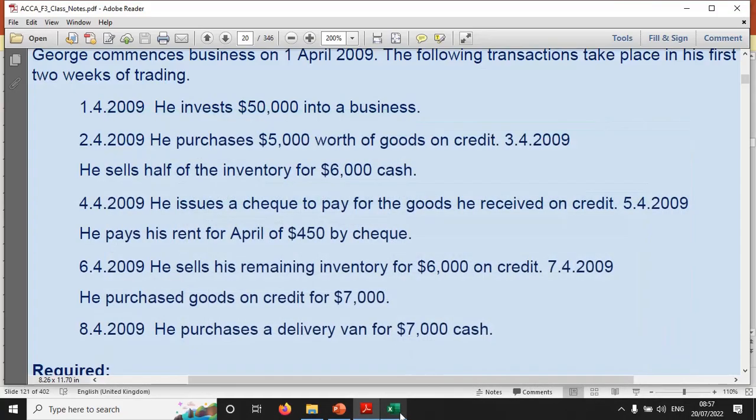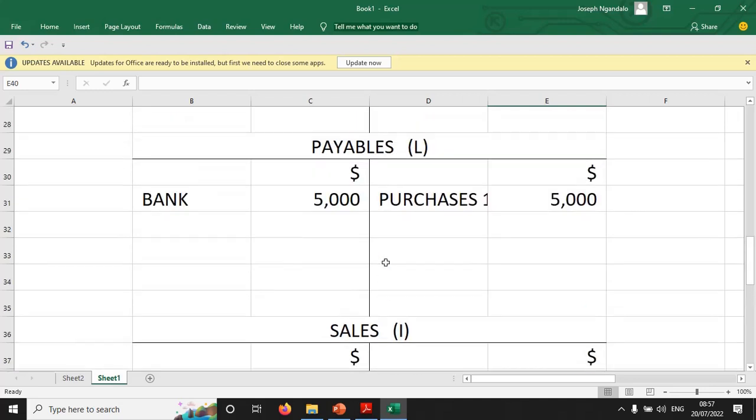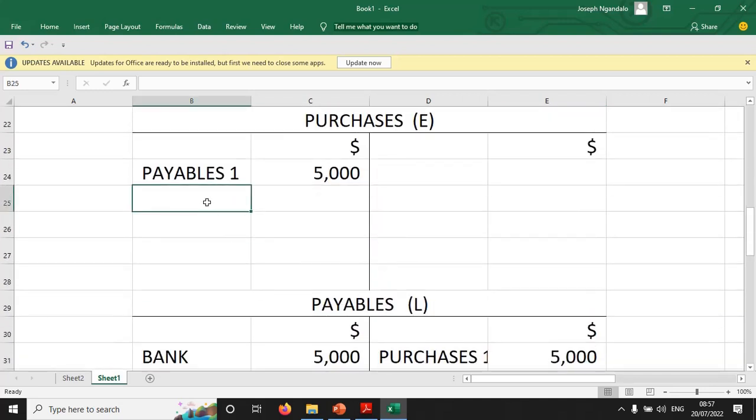Have you done your part? Next, buys goods on credit. How much? 7,000. Thank you. So this is purchases again. All right. Where we started from, right? Payables. I think this one will be 2 now.